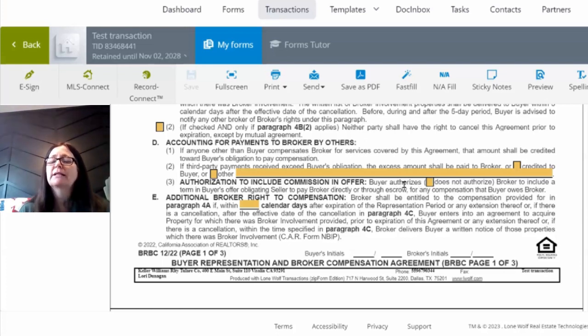It automatically defaults to you being authorized. But if you're submitting an offer for your client, you don't want to just check that box. You want to make sure that they're okay with you checking that box, because that could affect their offer, right? Because that's 0.5% or whatever that the seller would be getting taken off of his or her bottom line.